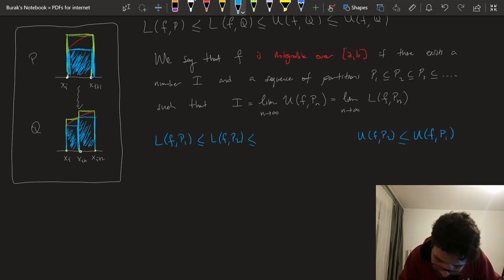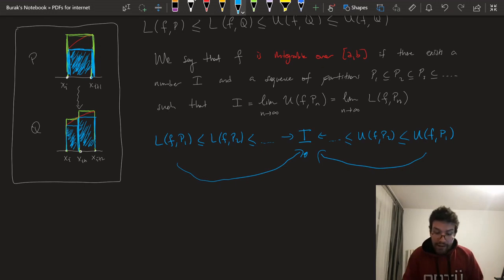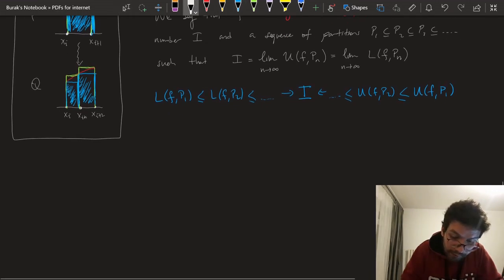So what I want is a sequence of partitions which are refining each other, P1, P2, P3, such that these upper Riemann sums decrease down to a number I, and these lower Riemann sums increase up to the same number I. If that is the case, we say that f is integrable over AB.